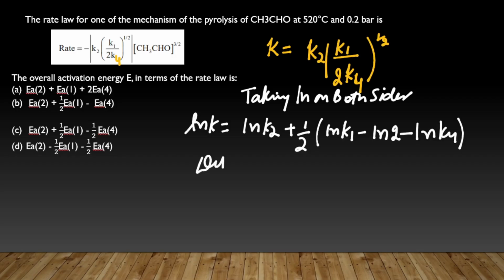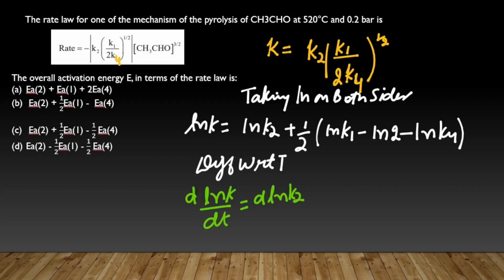Now differentiate this with respect to the temperature. So here we will be getting d ln k upon dT equal to d ln k2 upon dT plus half of d ln k1 upon dT, right?